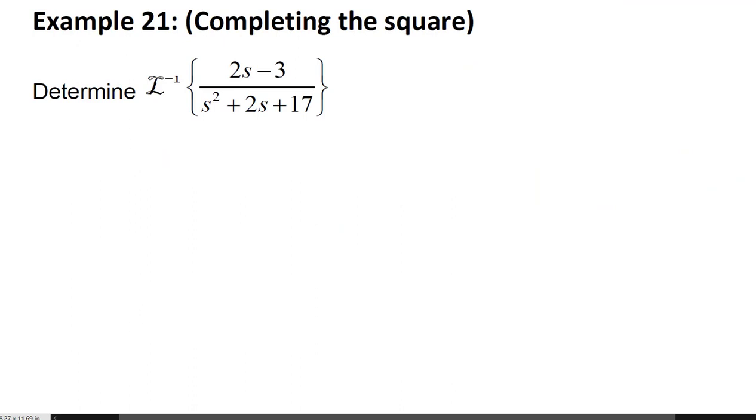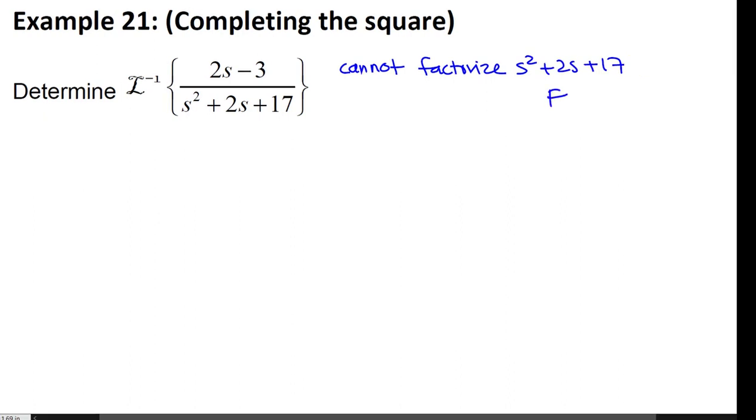Example 20 is completing the square. Let's say you cannot factorize s² + 2s + 17, so you have to do completing the square. The formula: as² + bs + c.